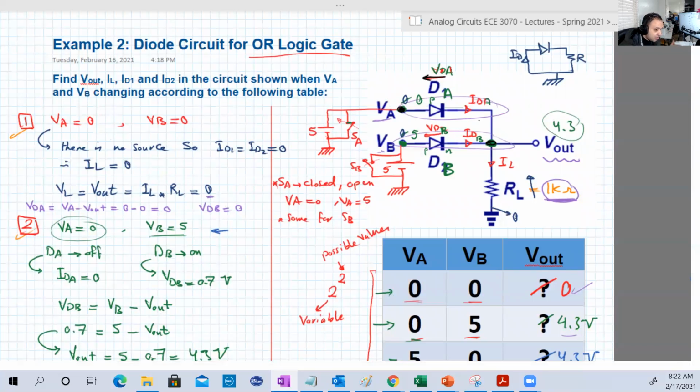They have the same input and the same voltage drop, so IL will be divided equally between IDA and IDB.